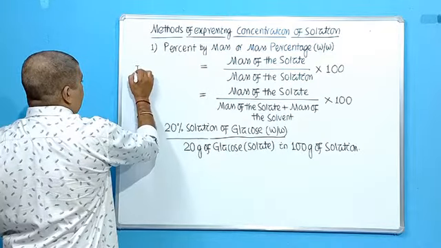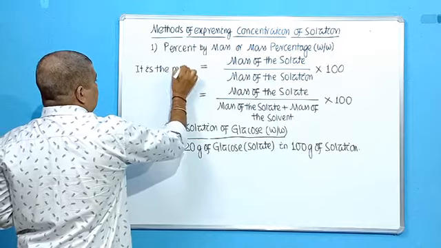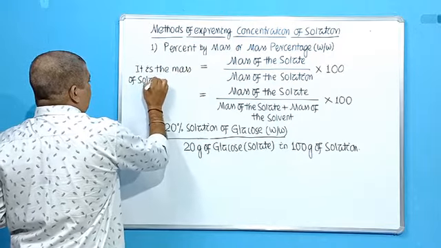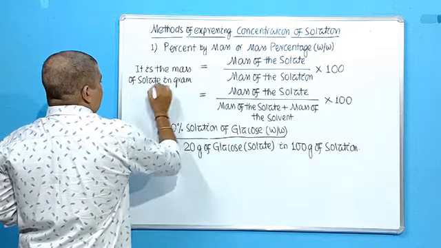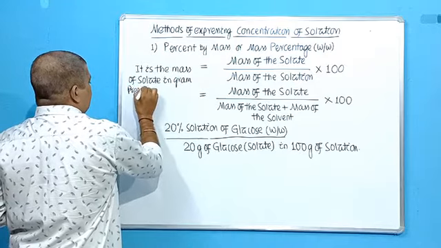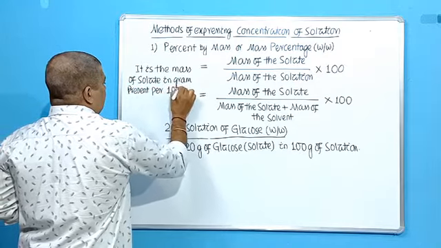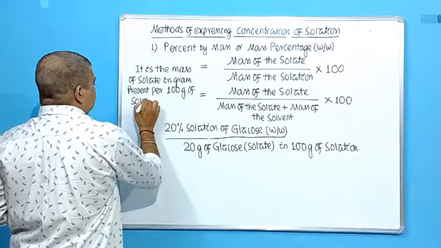It is the mass of solute in grams present per 100 gram of solution.